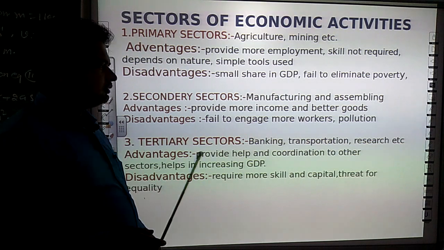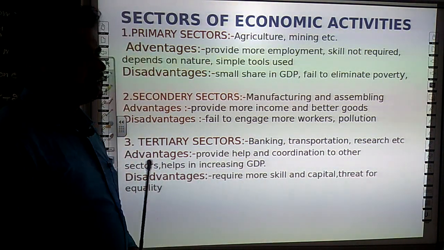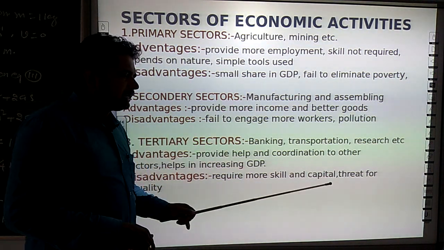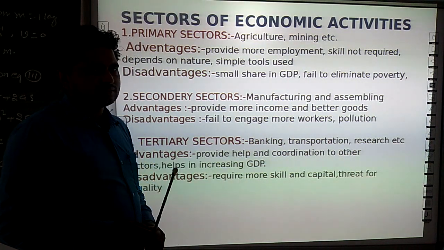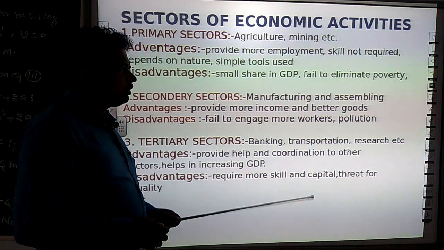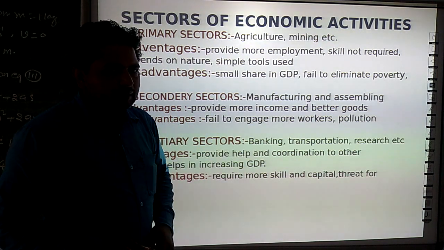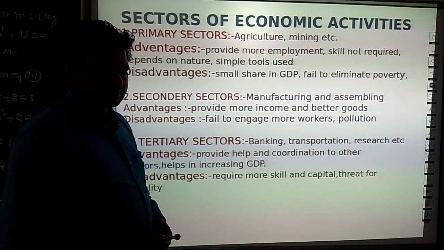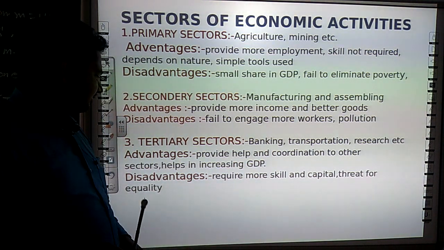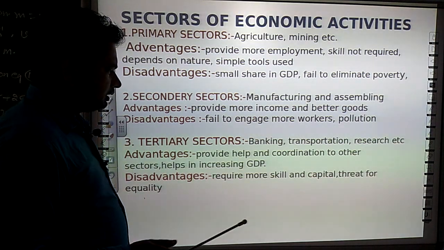Next, the tertiary sector: banking, transportation, research work etc. are included in the tertiary sector. This sector produces nothing, but it helps both these sectors in producing things properly, and also increases the value of the secondary and primary sectors' production. Advantages: it provides help and coordination to other sectors, and also helps in increasing GDP.